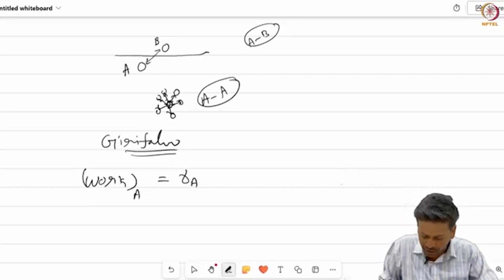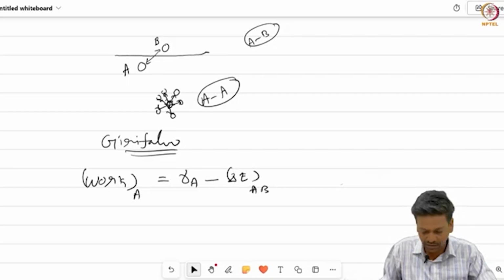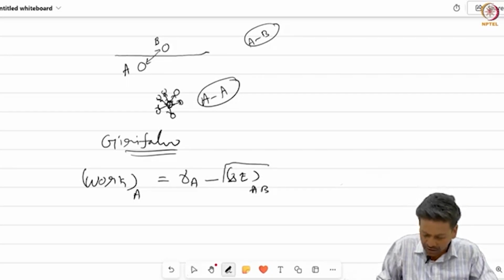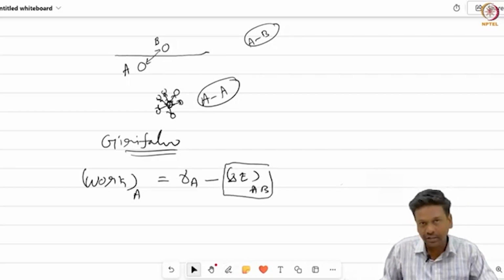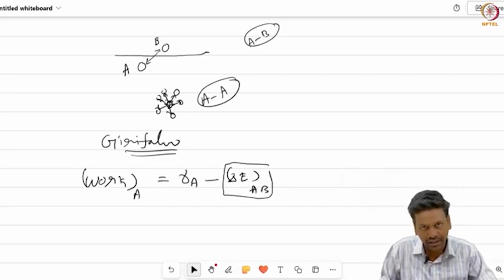And in addition to it, you also have the interaction, right? That is due to A to B, the A-B interaction. So this energy is actually a bonus for us because it is available naturally. So you don't need to supply this energy.